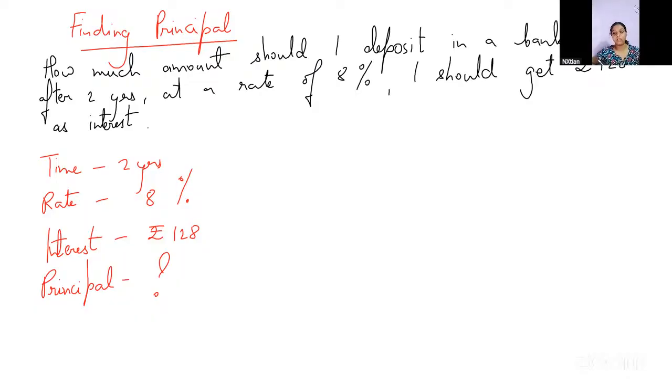Now, we use the same formula to find the principal, but we change the places. The formula is SI equals P into R into T upon 100.